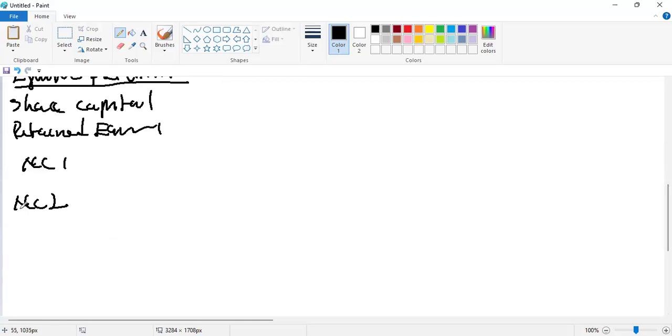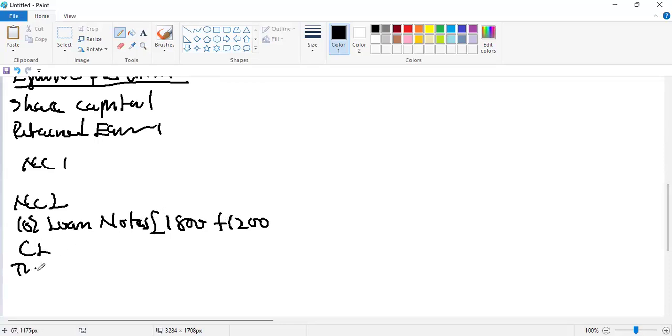Non-current liability: 10% loan notes, 18 plus 12. Current liability: trade payables, 1560 plus 840.